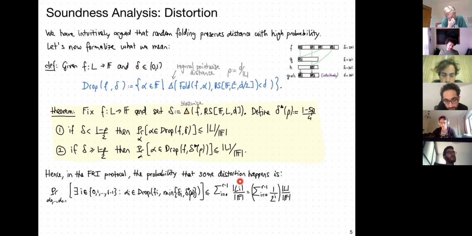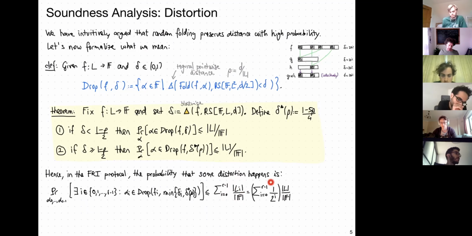So we just take a union bound, summing over all of the rounds. In each round, the probability is exactly L over F, but it's L_i, because the size of L depends on the round in which we are.